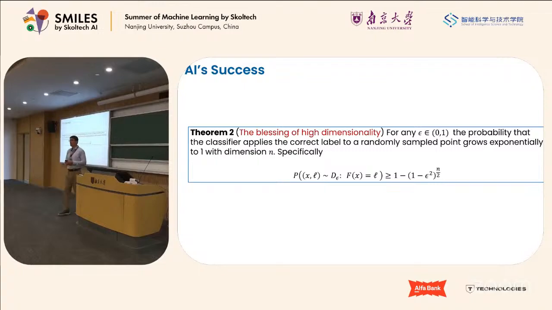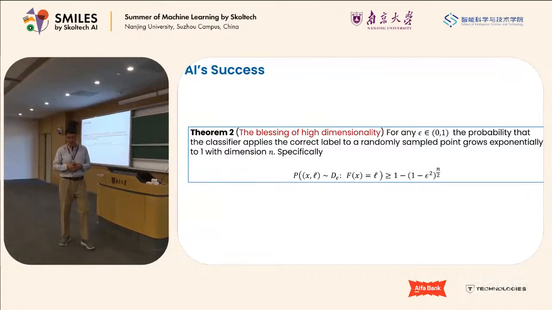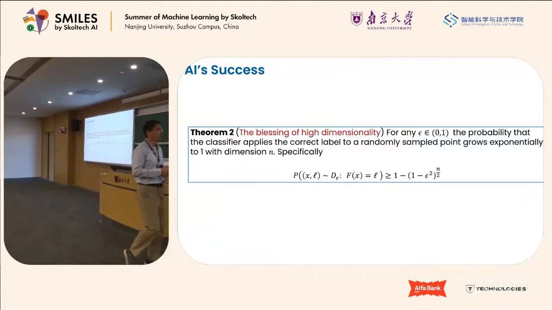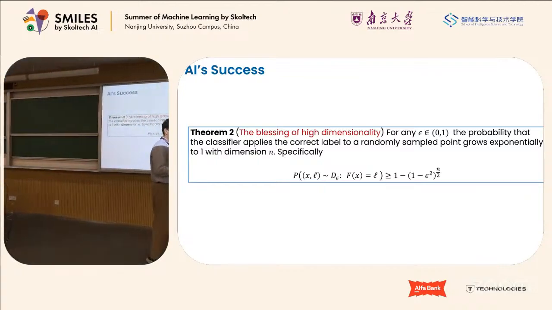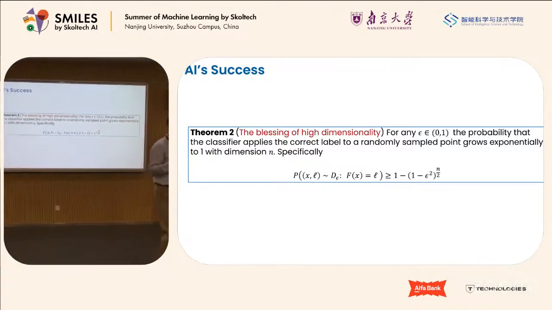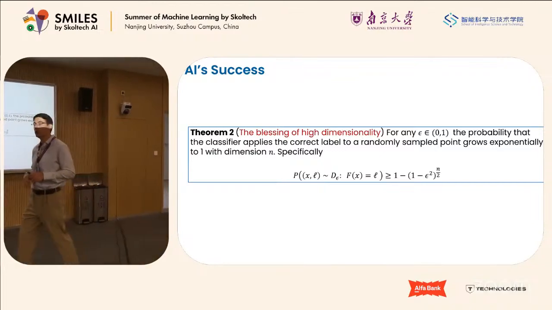Now, what can I say about this setup? For this setup, you can draw the following conclusion. In a way, you can call it a blessing of dimensionality. You see, for any epsilon, you can fix this epsilon and make it arbitrarily small.